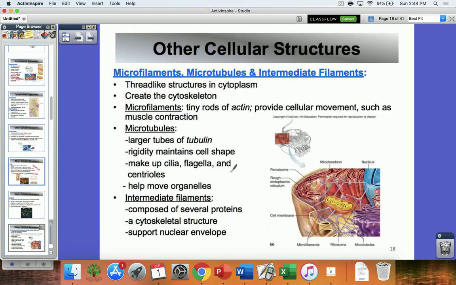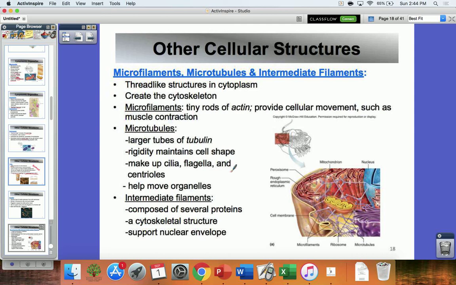And then we have our microfilaments, microtubules, and intermediate filaments. Now, if you all remember a few slides ago, I mentioned something about the cytoskeleton being a part of the cytoplasm to help give it a structure and kind of help support it.